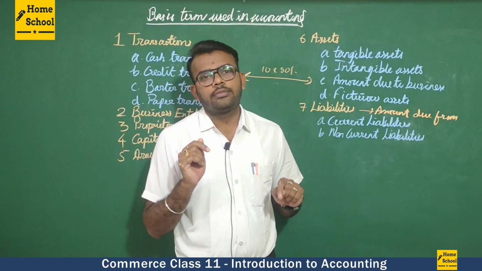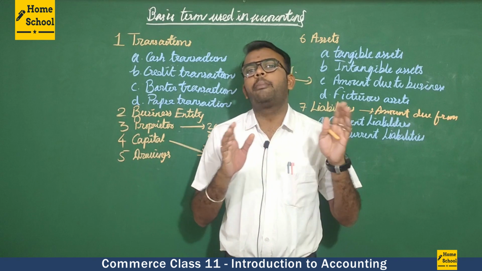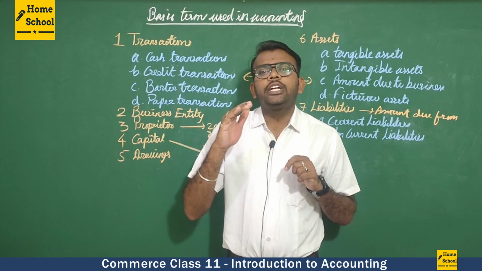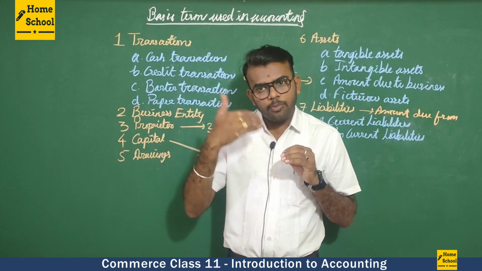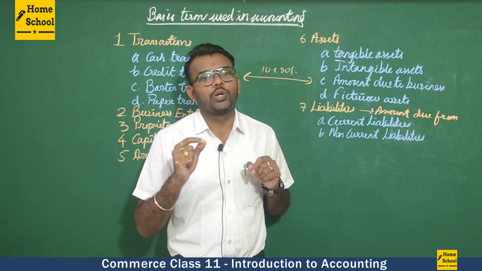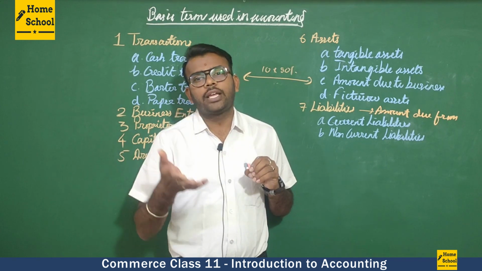Non-current liability, more than 1 year. The best example is a bank loan. You have taken a loan from the bank and you need to pay that loan after 1 year. You can pay regularly, but you are going to clear that bank loan in not less than 1 year. It takes 2 years, 3 years, 5 years.